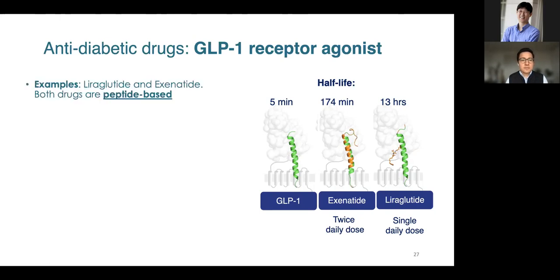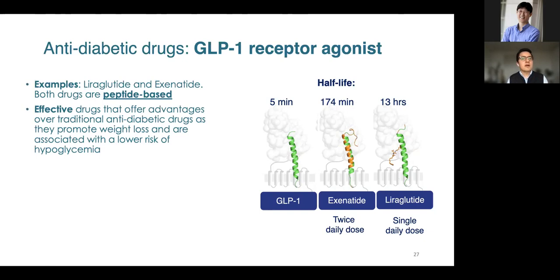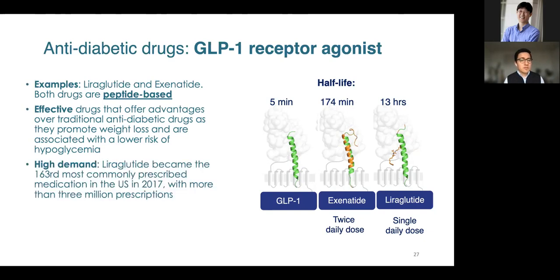And the advantage is that these drugs are peptide-based. They promote weight loss and are associated with a lower risk of hypoglycemia.